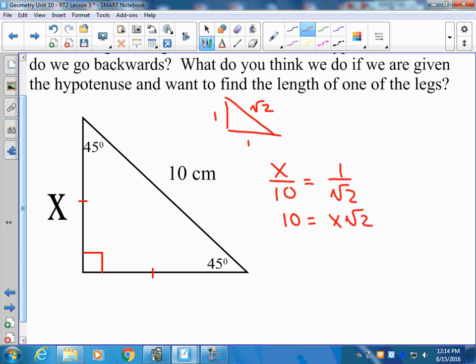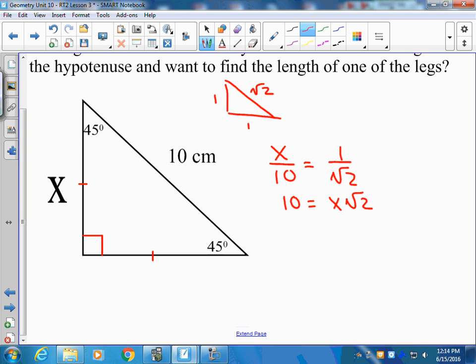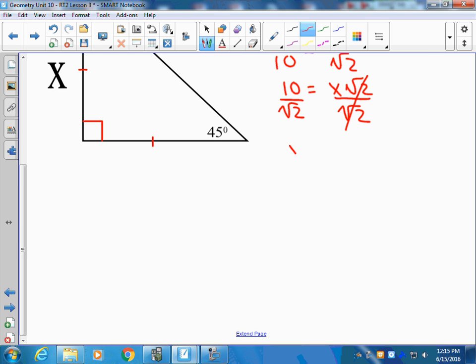Now, this solving is going to take a little bit more work, because if you notice, we've got something with the x that we have to divide out to get x by itself. Okay, now, in reality, this is a valid answer, but it's not mathematically what we want for a given answer.